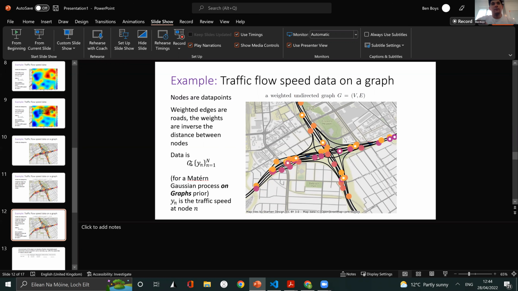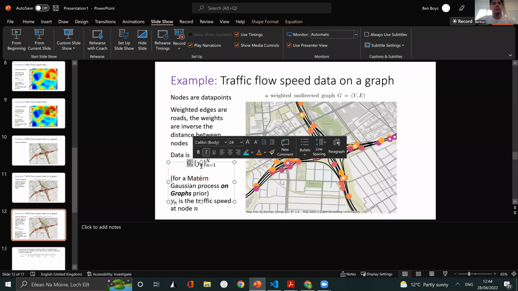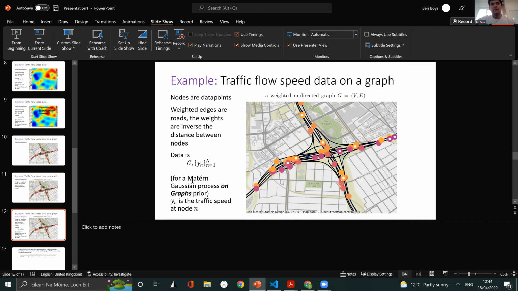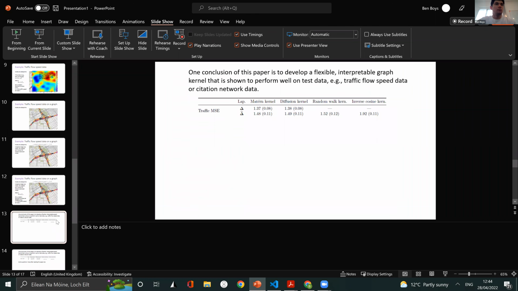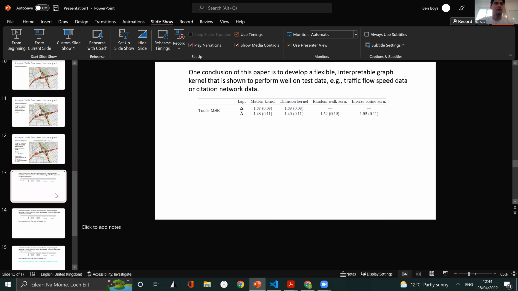Then the data is a graph, and we've got the labels Y, which is the traffic speed, on the measurement locations. For this graph, we can have a prior, which is a Matern Gaussian process graph prior. This turns out to be quite performant, or at least the idea is that it's going to perform much better than the Gaussian process prior where you use the GPS.